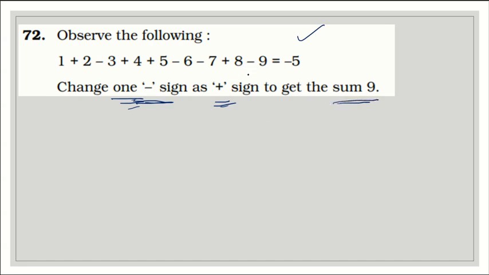See students, here we have 1 plus 2 plus 2 minus 1 plus 2 minus 3 plus 4 plus 5 minus 6 minus 7 plus 8 minus 9. Here, all positive numbers in one place, I am writing 1 plus 2 plus 4 plus 5 plus 8, and all negative numbers in one place.